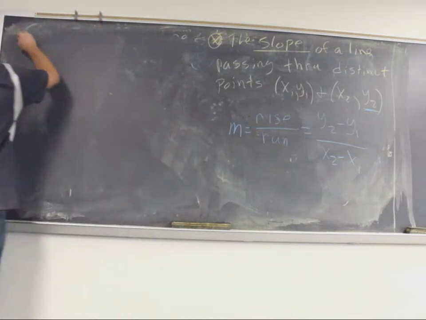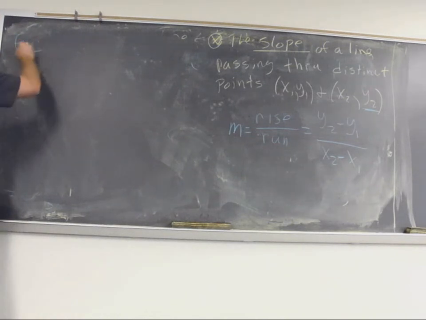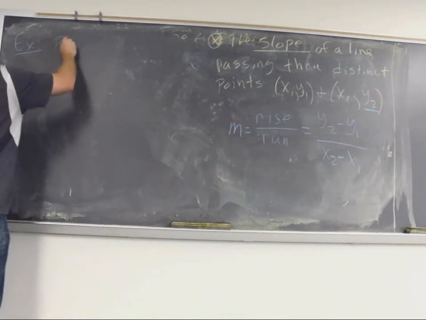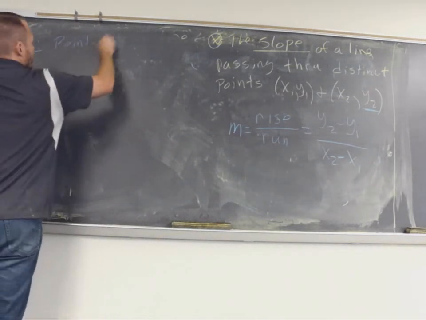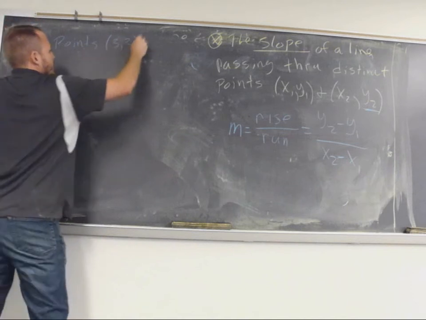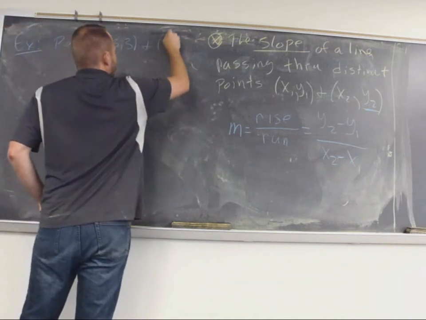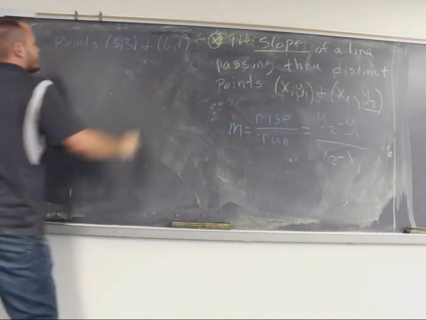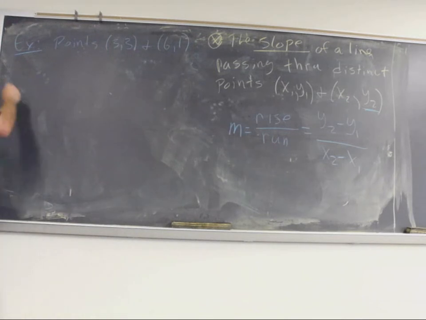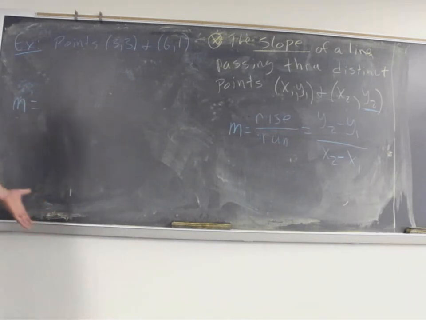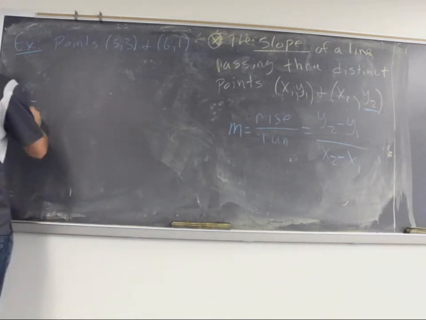So let's go back to our example with the points 3, 3, and 6, 1. If we want to find the slope of this without graphing it, then we need to write our formula first. Always write your formulas first, and then from there label everything, and hopefully out will pop your answer.